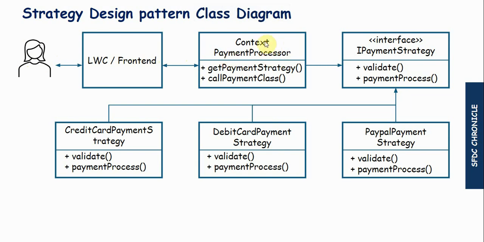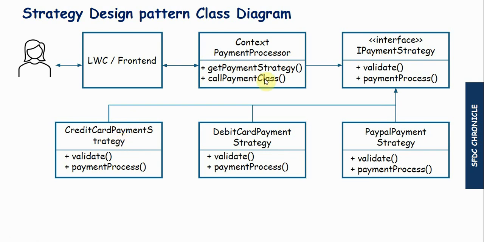Now, once the payment processor gets called, it will have one interface variable created, and all these classes, credit card payment strategy, debit card payment strategy, will implement this interface, so that when we get that interface variable, it will redirect the request to the exact or expected classes.